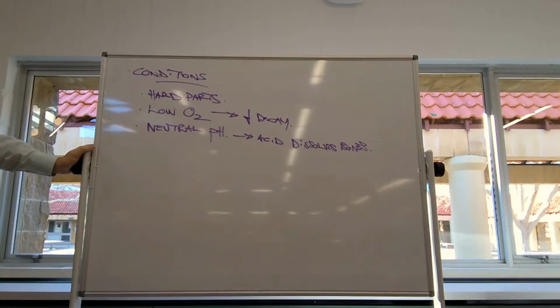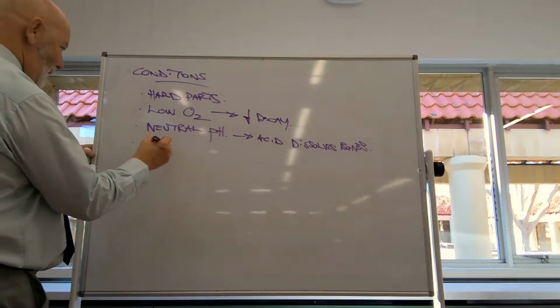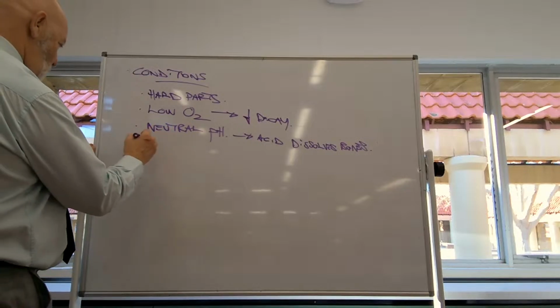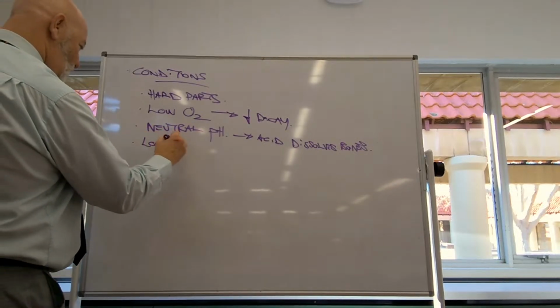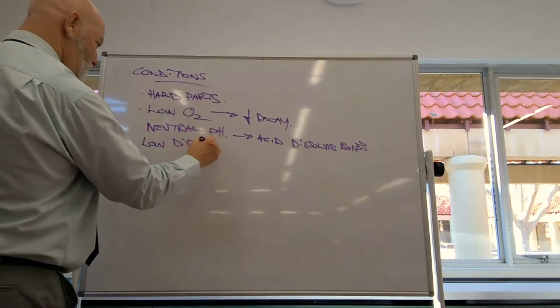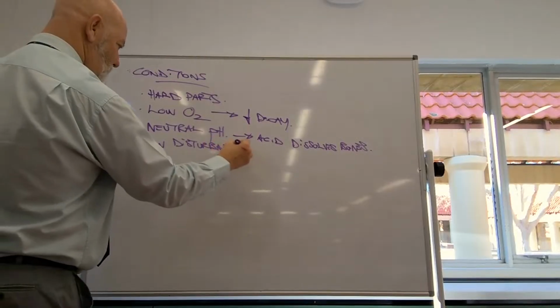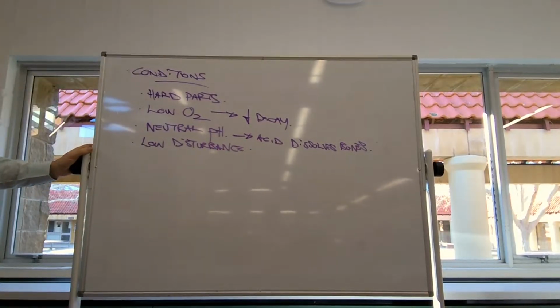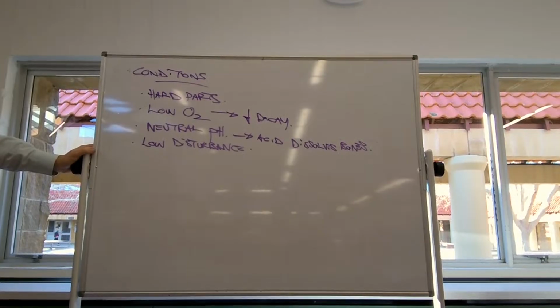Okay, and we can't make a fossil if the bones are dissolved. Yep, we want to have low disturbance. Disturbance can be man-made or anything ecological. It can be a scavenger. It can be mining.